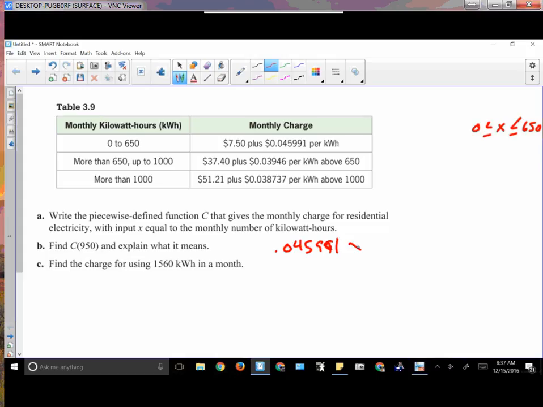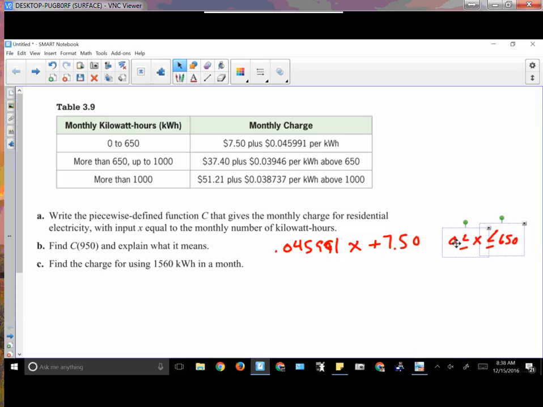So, x plus $7.50. Are you always paying that $7.50? Even if you use absolutely no electricity, are you paying that $7.50? And the answer is yes. That's more or less just a service charge that goes along with it. So, I've got that information there.